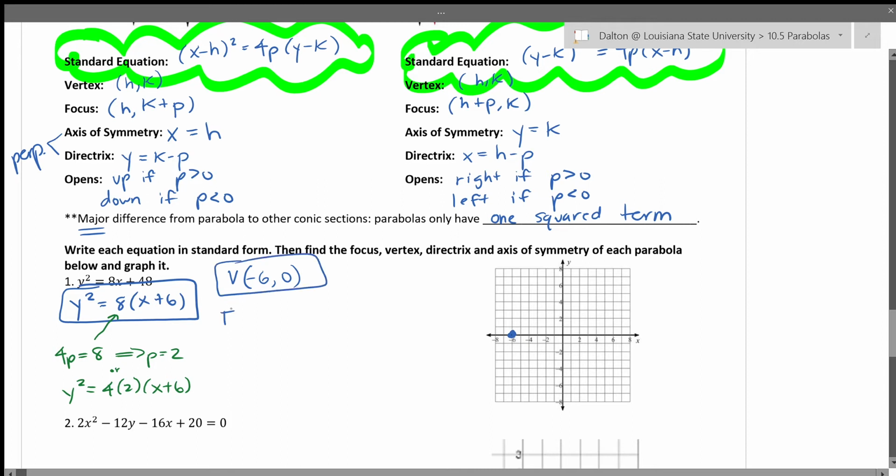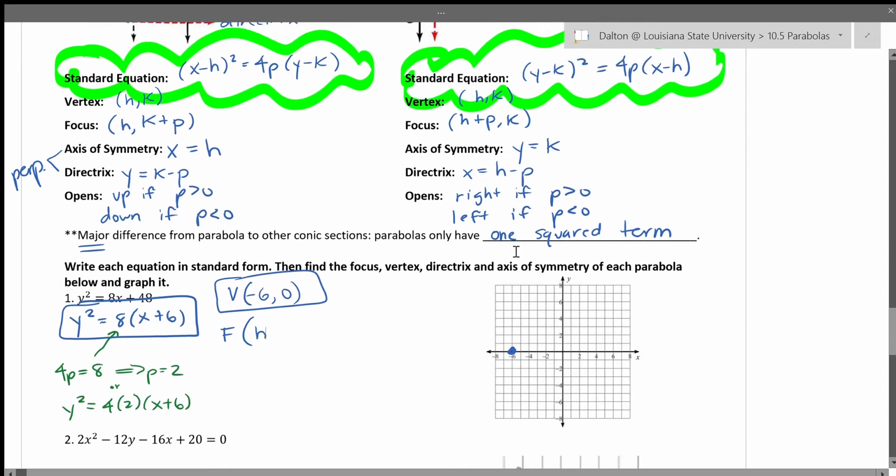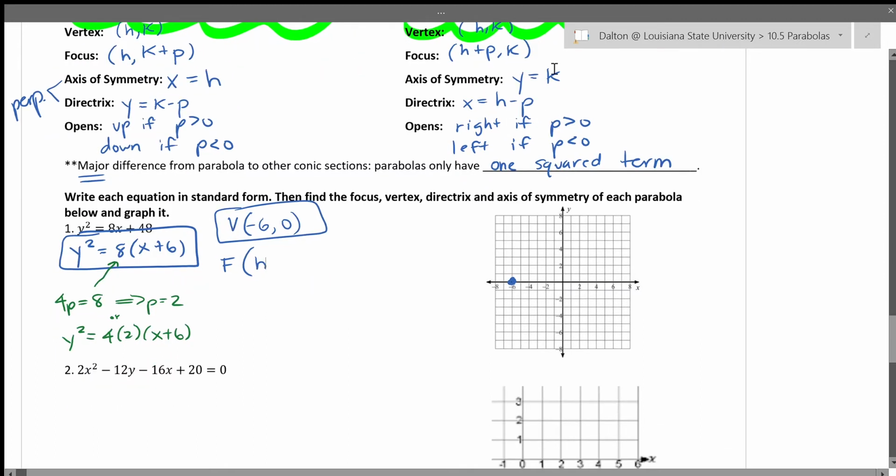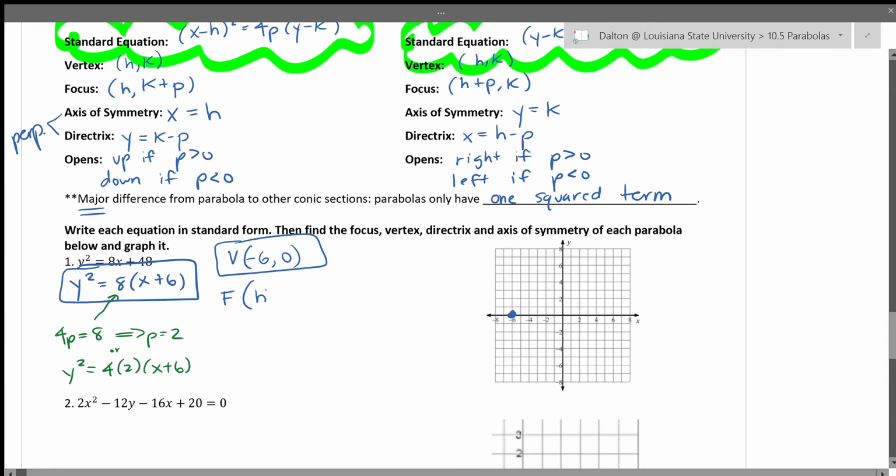The focus is found by doing h. Again, this is a y squared term, so I'm getting all my formulas from this right side here. So my focus is going to be h plus p comma k. And this is why I solve for p. I know h, once I find my vertex, I have h and k. So I know h is -6. I solved for p earlier.